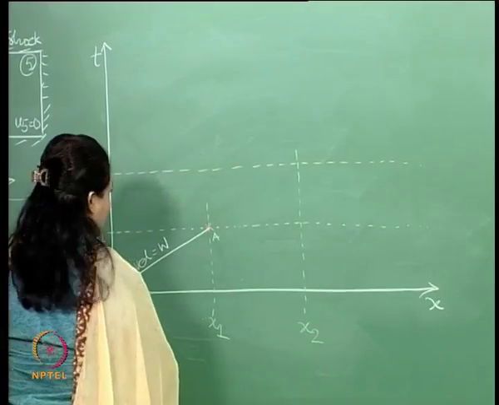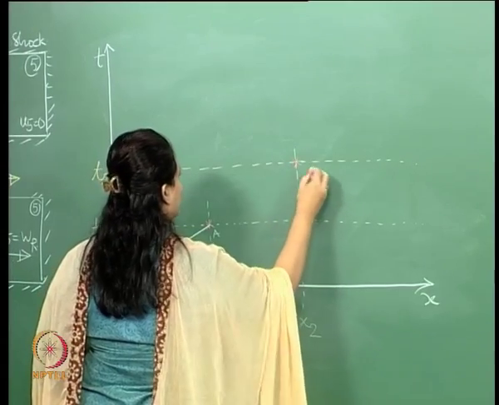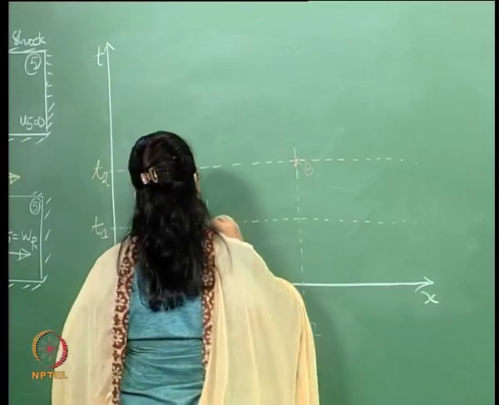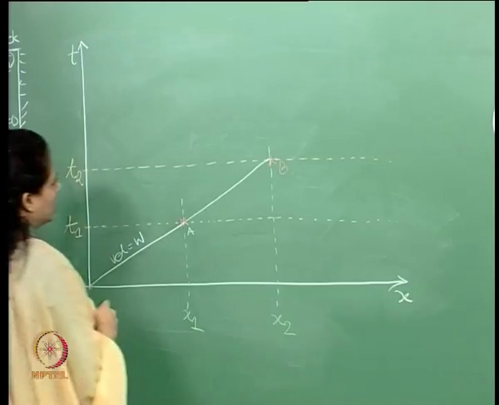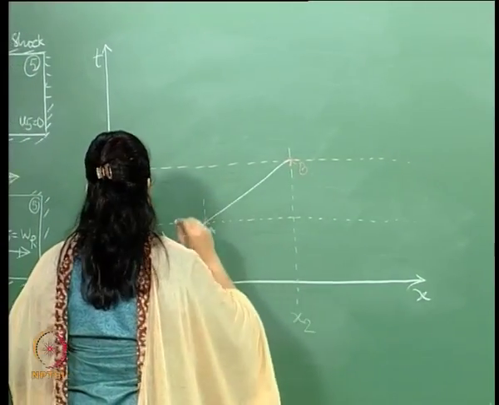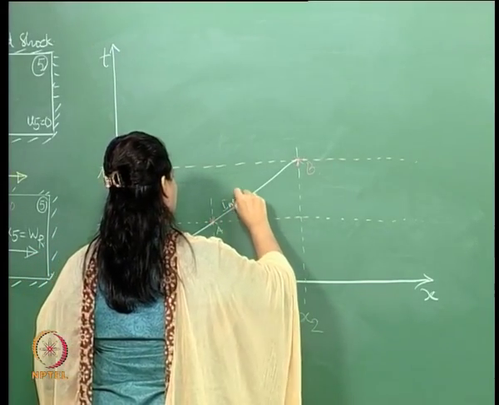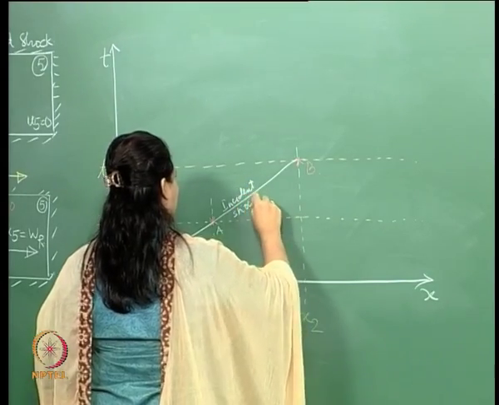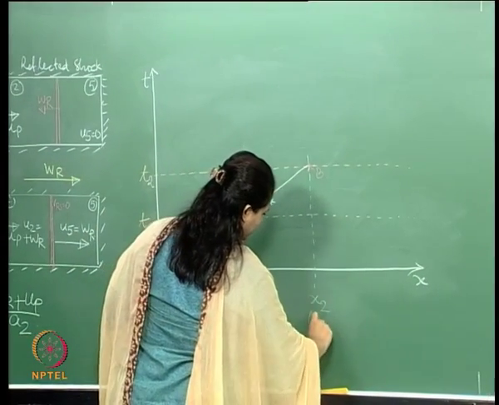Let us call this point B. So this is essentially the incident shock, and this is the end wall here.